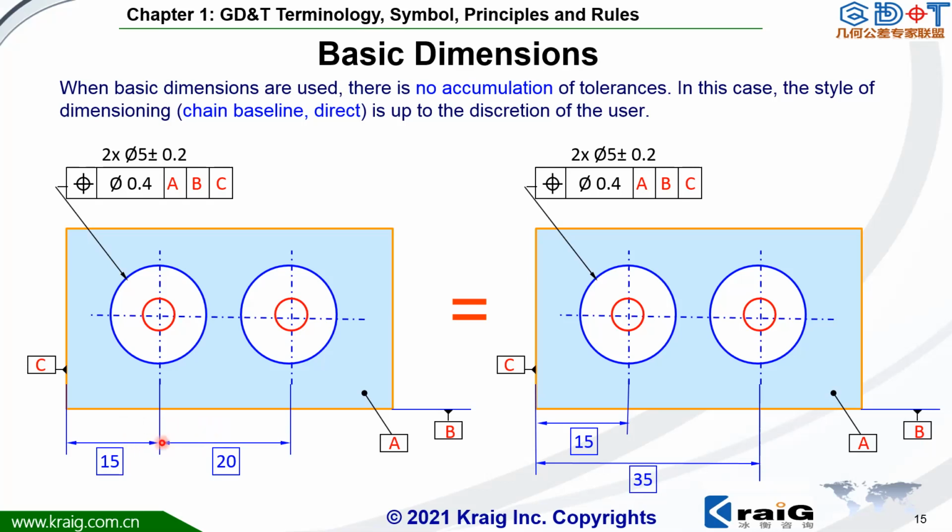When we put this TED on the joint, it won't change anything. It won't change data. For example, here, there's a TED 15 and there's a TED 20, which is used to define the nominal or basic position of the hole to the datum or the hole between the holes.